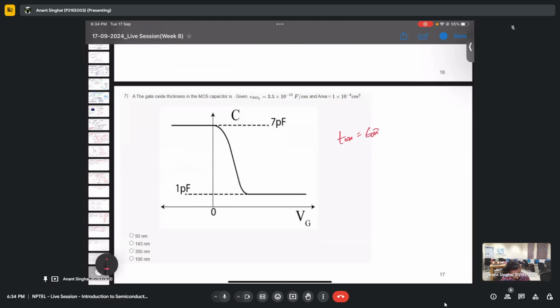Si or oxide? Oxide. Okay. Epsilon oxide into A by Cox. And Cox is what? 7 picofarad. Any other thing in this formula? A. Yeah, area, because it is picofarad. So I guess you can calculate this again. You will get the answer. Everything is given. So let's move ahead.